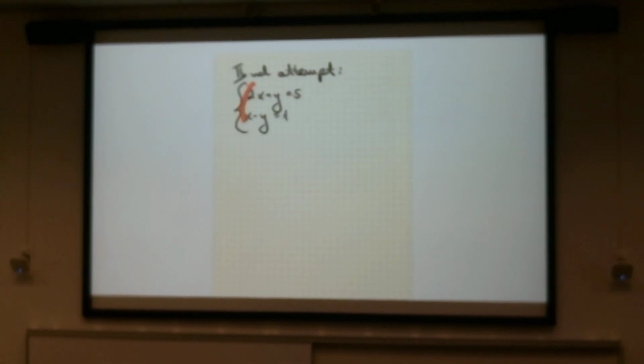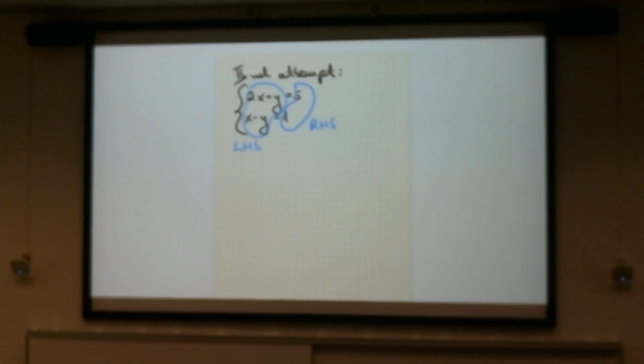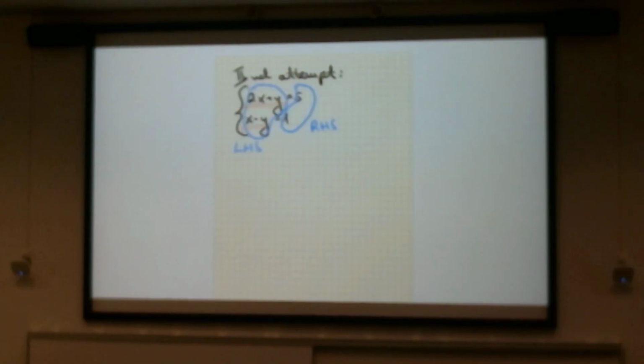You can take this one, and you can take this one. So effectively, you are taking the left-hand side, and you can take the right-hand side. And you just add left-hand sides and right-hand sides of both equations. Right? Because this must be equal to this. This must be equal to this. So if you add this and this, it must be equal to 5 plus 1.